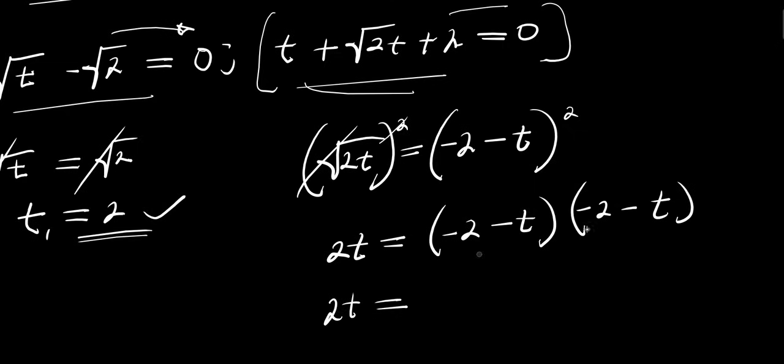So 2t equals negative 2 times negative 2, that is 4. Negative 2 times this, plus 2t this time this, plus 2t this time this, plus t squared.